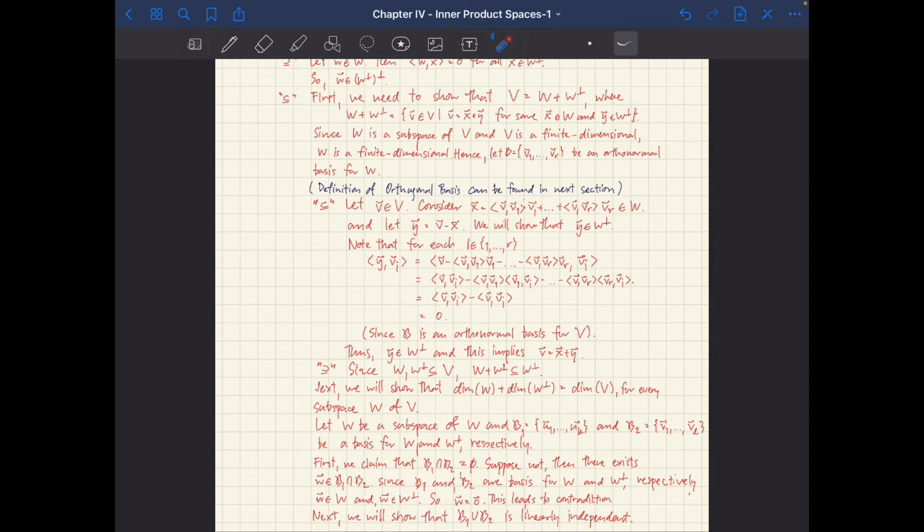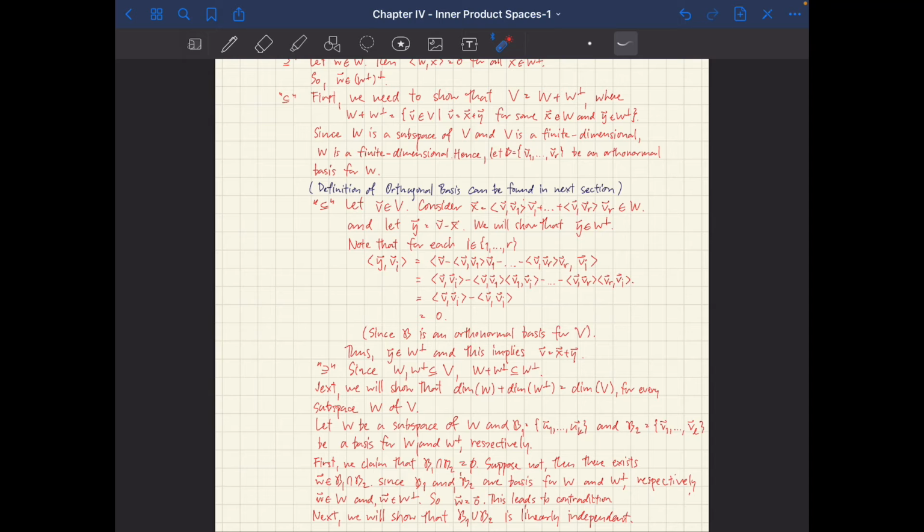Next, if we can show that V is the sum of W plus W perp, we will show that if B1 is a basis for W and B2 is a basis for W perp, then B1 union B2 is linearly independent.